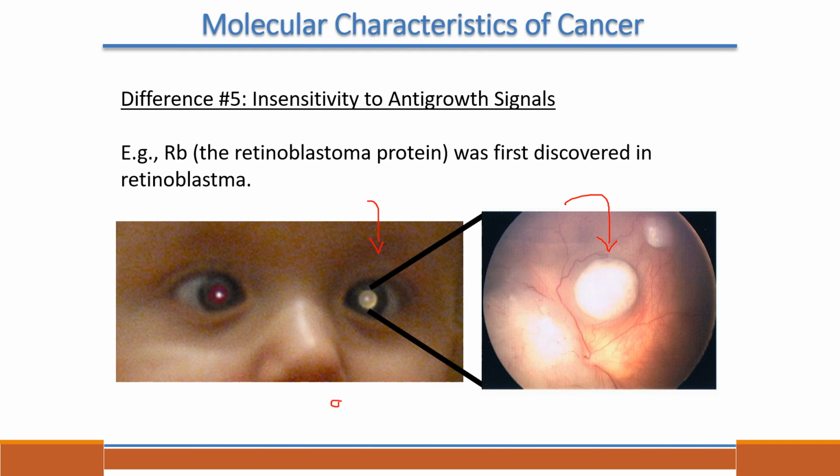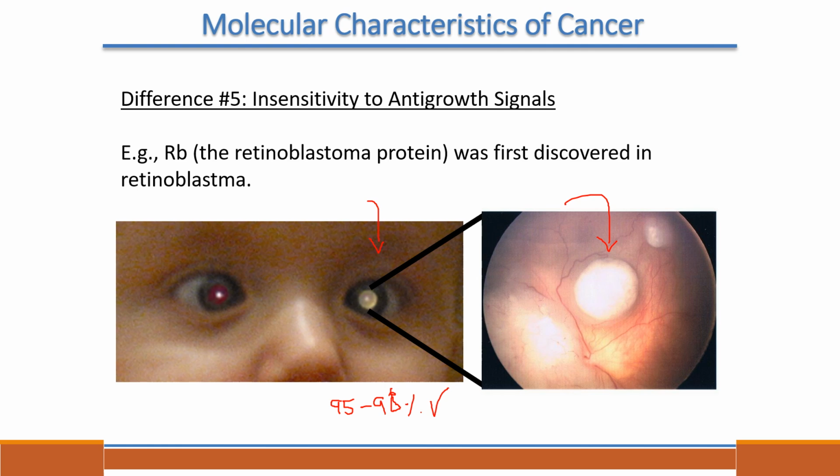Just for you to know, between 95 to 98% of the children who suffer from this cancer in the developed world now have a treatment, so most of them survive if there is the correct treatment.